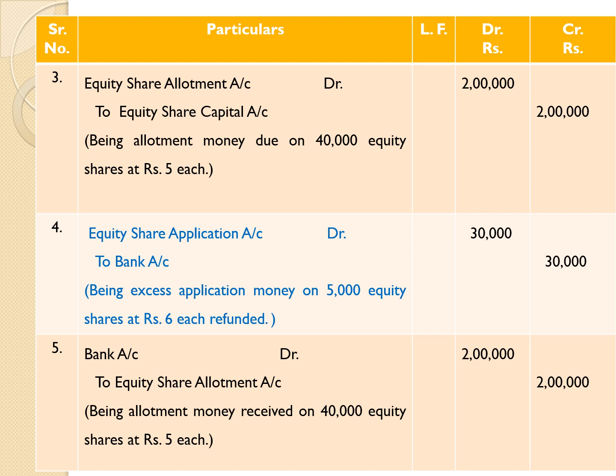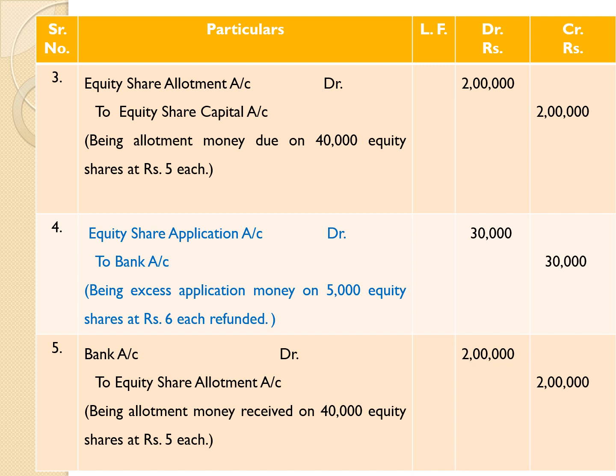Here, the company has received a excess application numbered as 5,000. Before taking allotment money, we are going to pass entry about refund of excess application money. Here, excess application received 5,000, and with application, the company got rupees 6 per share.